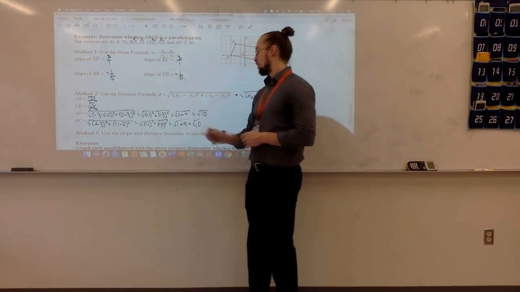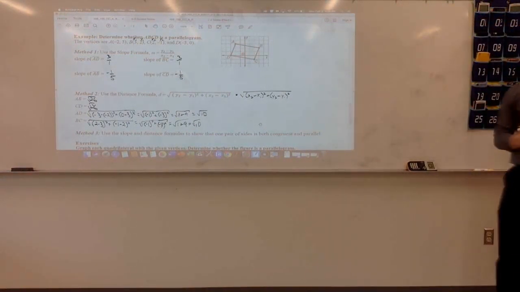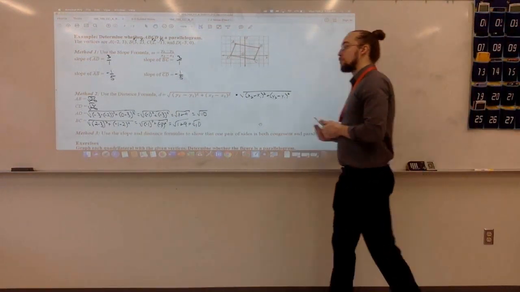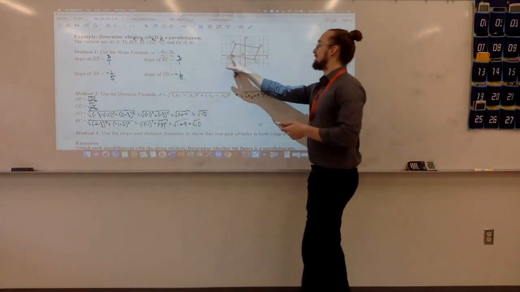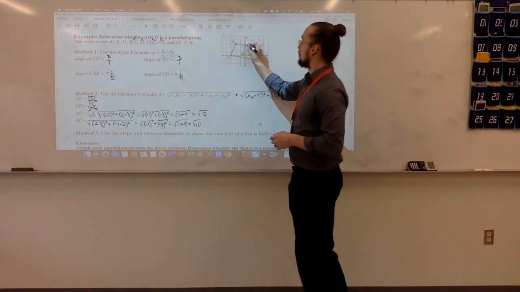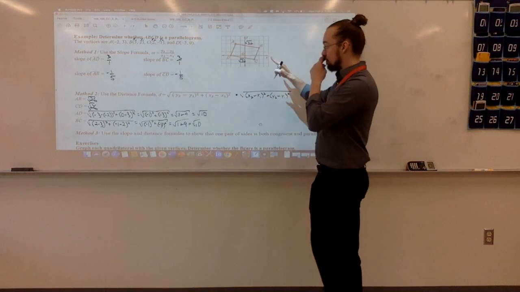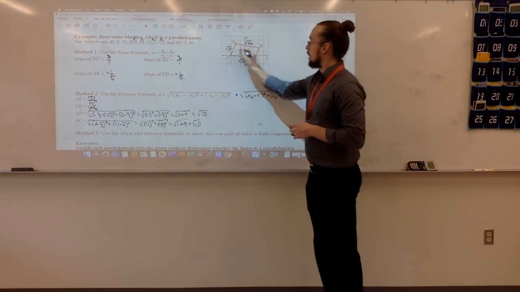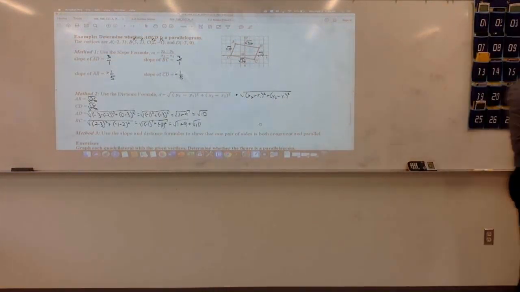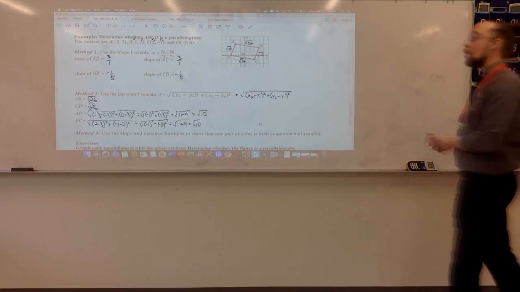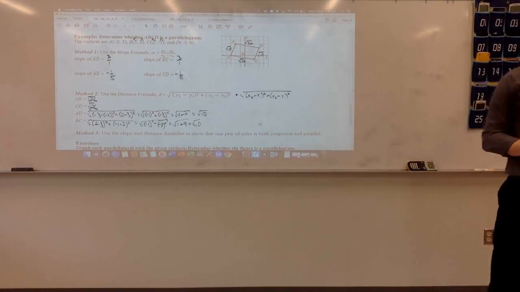We end up with the same thing, square root of 10. All right. So by going through that process, we found that both AB and CD had a length of the square root of 26. And we found that AD and BC both had a length of the square root of 10. So since opposite sides are congruent, that proves that this figure is a parallelogram.